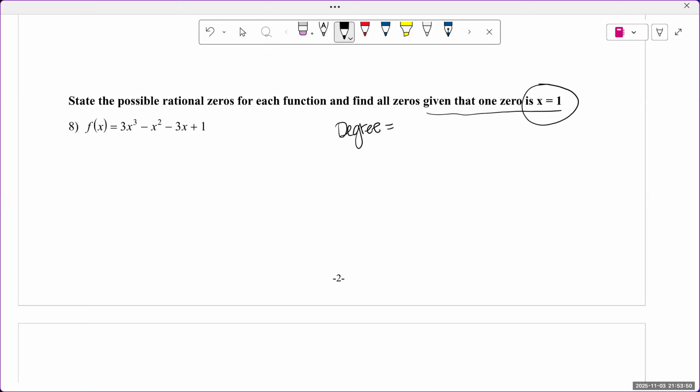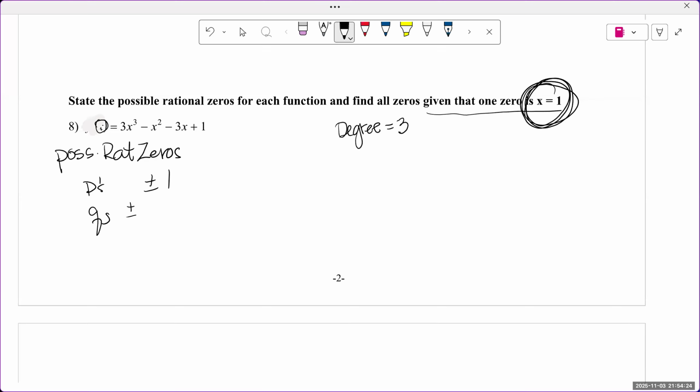Okay, so we have a degree 3 polynomial. So we're going to put a 0 here and solve. Now I am given the information that +1 is actually one of the zeros. So let's do the possible rational zeros. We have the p's over q's. The p's are ±1.